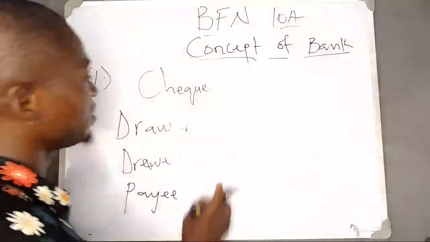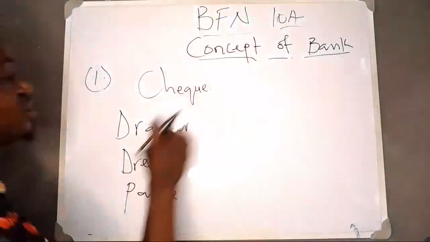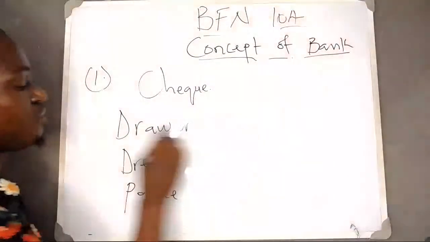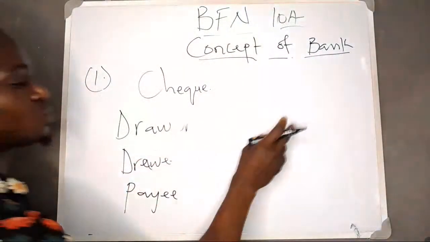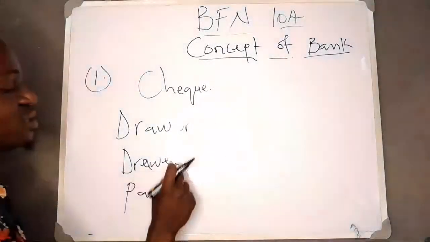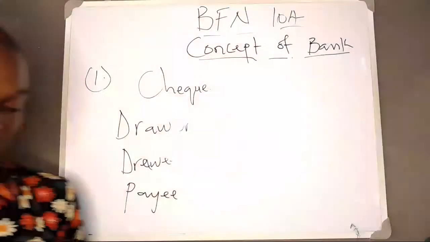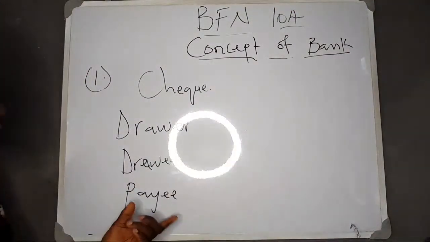So which simply means a check is a kind of bill of exchange drawn by a customer of the bank, authorizing the bank to pay a particular amount of money to the one presenting the check to the bank.